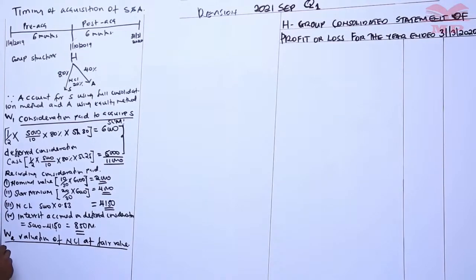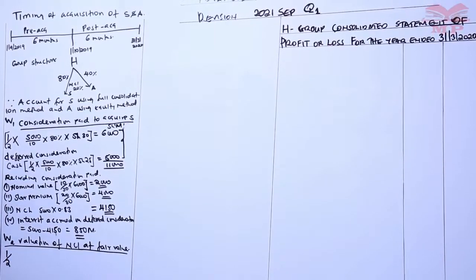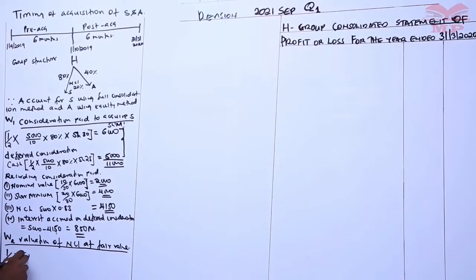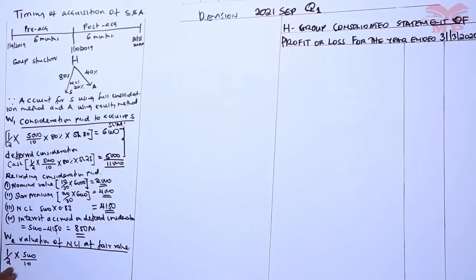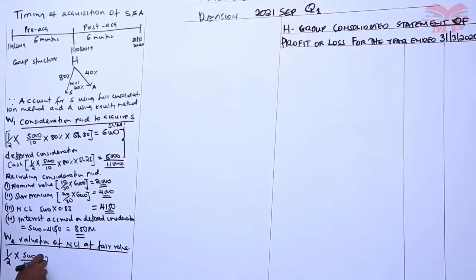So the acquisition was 1 for every 2 shares times 5 over 10 times the proportion of NCI 20%, valued at 25 per share. That is the fair value of equity shares of S. That is 5,000 divided by 10 times 0.5 times 0.2 times 25.